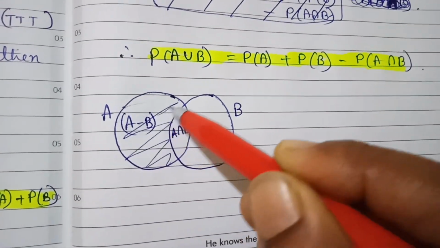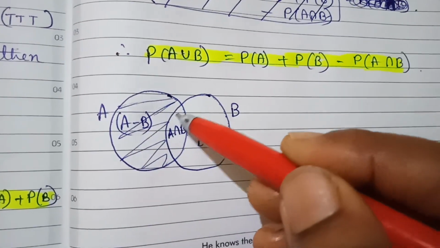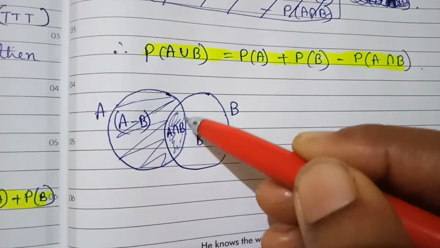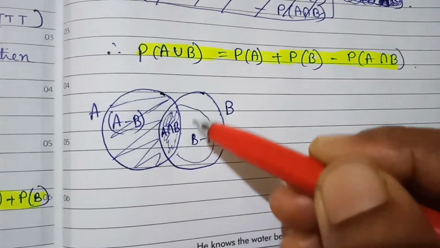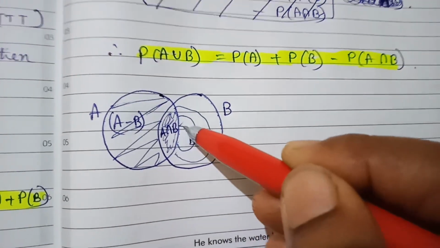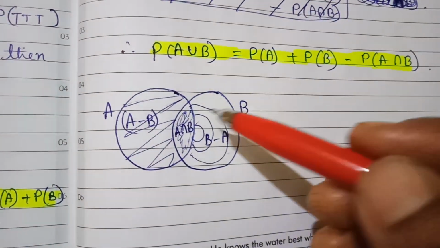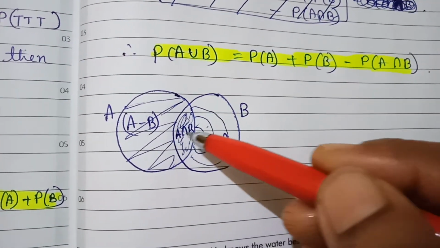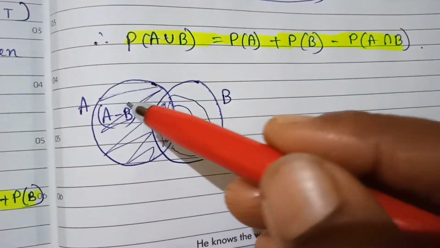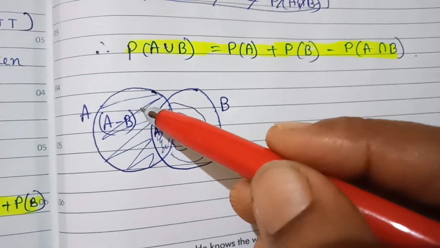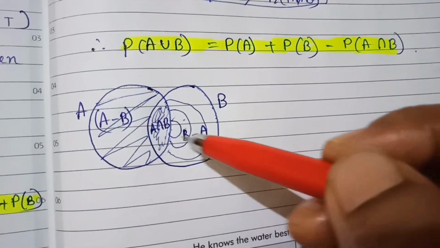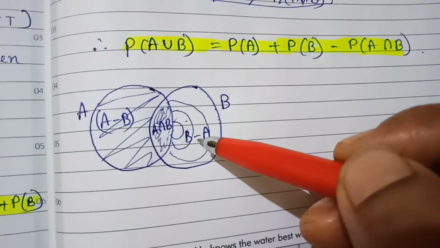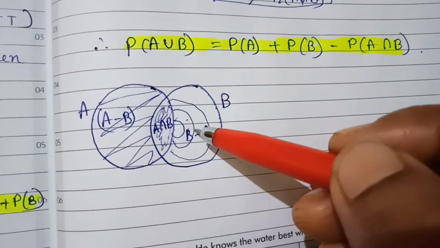Okay, this will be A minus B, this will be A intersection B, and this part will be B minus A. Now you can say that these three parts are mutually exclusive parts, meaning disjoint parts. They don't have any common element.